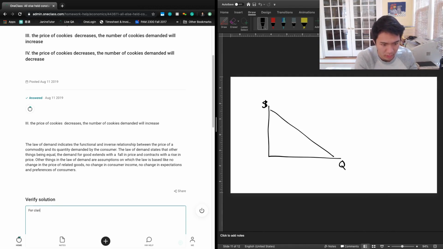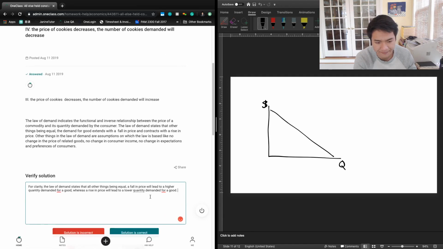For clarity, the law of demand states that all other things equal, a fall in price will lead to a higher quantity demanded for a good, whereas a rise in price will lead to a lower quantity demanded for a good.